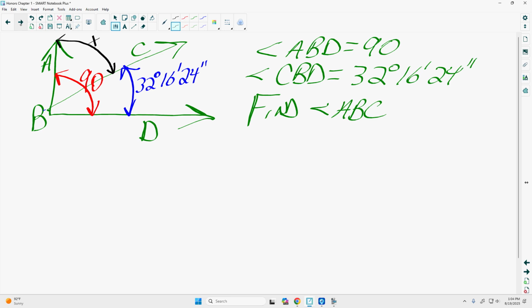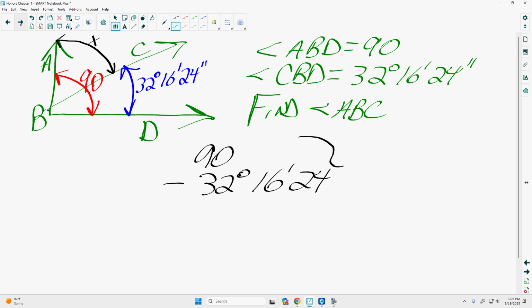You ready? 90 minus 32, 16, 24. Now I've got to subtract it all. However, I've got to do some adjusting first. What does this become? I'm telling you that 32, 16, 24 doesn't change.